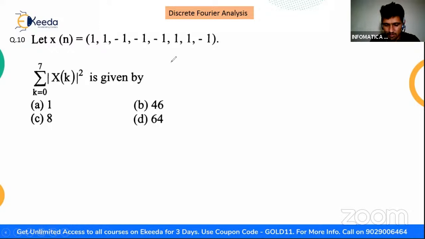This is basically the energy property, or the Parseval theorem. In that, the sum from n equals minus infinity to infinity of x squared is the energy of the discrete signal, which is given by 1 upon N, the N-point DFT.